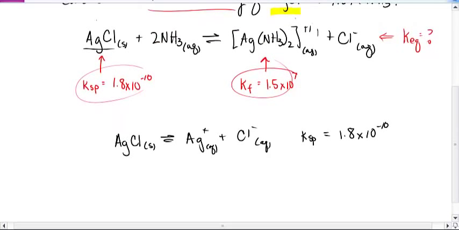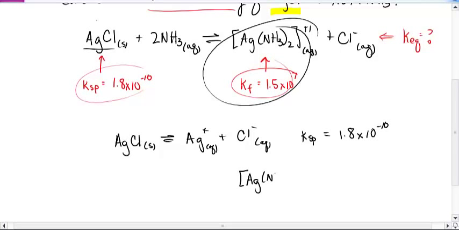And then I'm going to do it for this one. We're going to produce this silver with the ammonia ligands. And so that's produced by a silver ion plus 2 ammonias. And these are aqueous as well. All of this is aqueous.